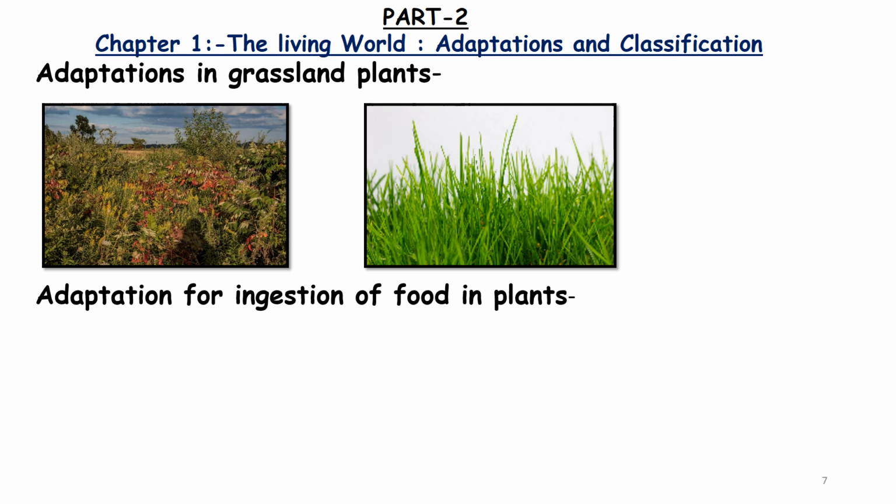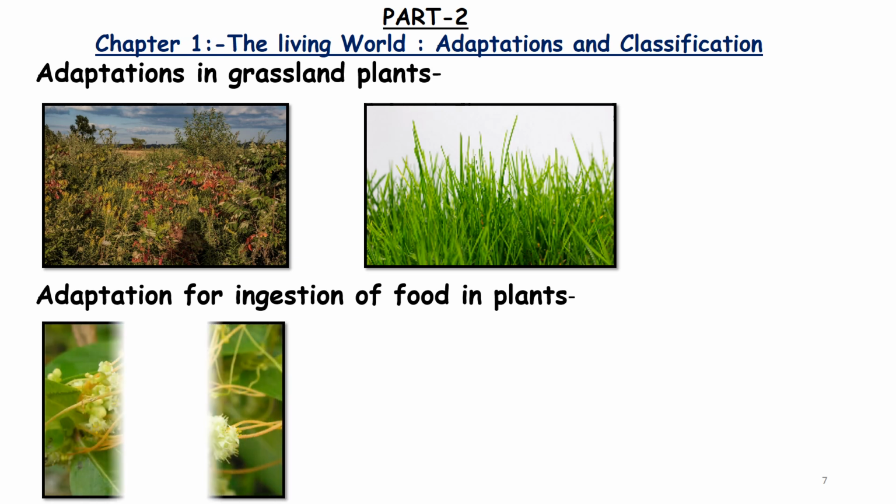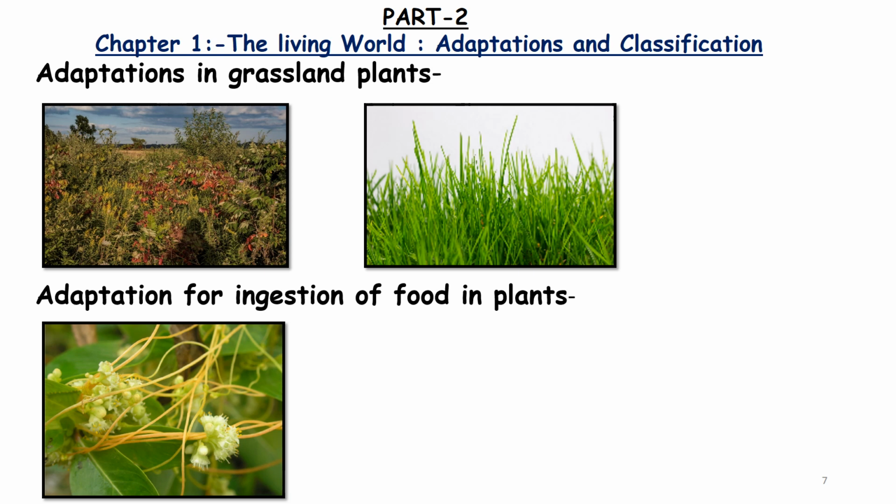They are parasitic, means they have to depend for their needs on the other plant body. Understood? And the example of this is cactus, as you can see in the picture. Cuscuta. Sorry, Cuscuta is the name of such type of plants, not cactus.